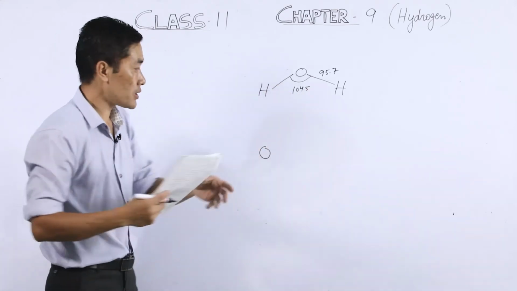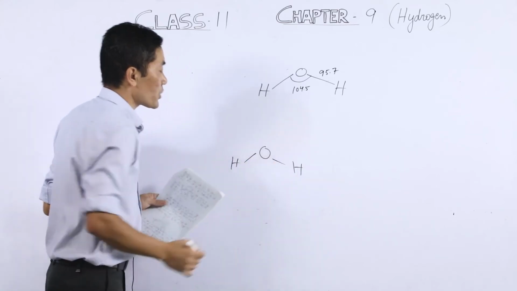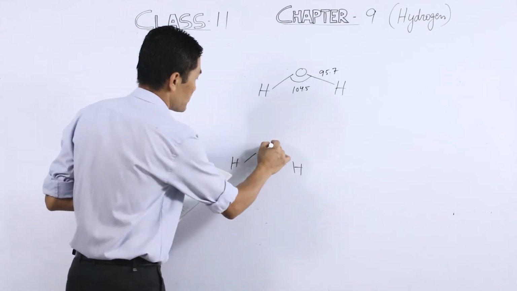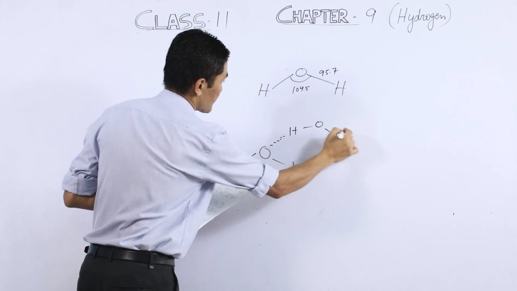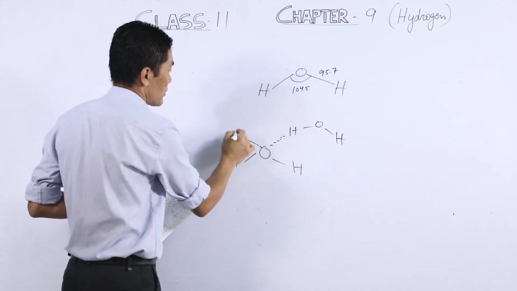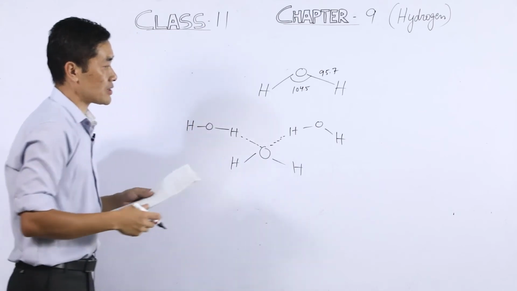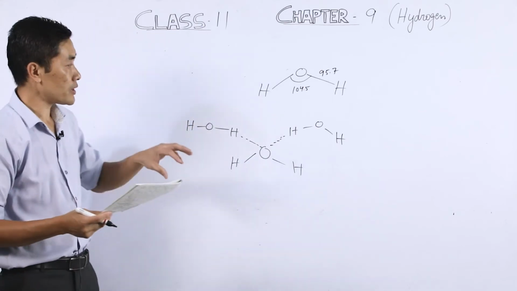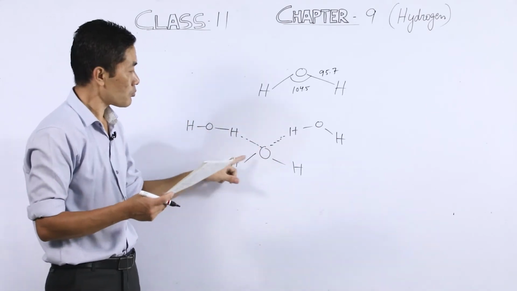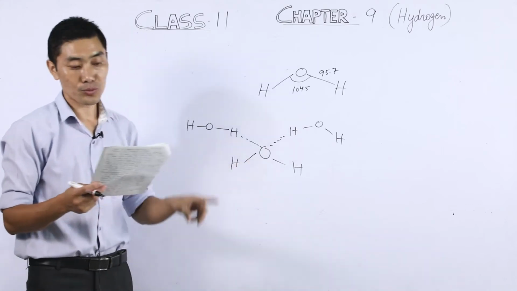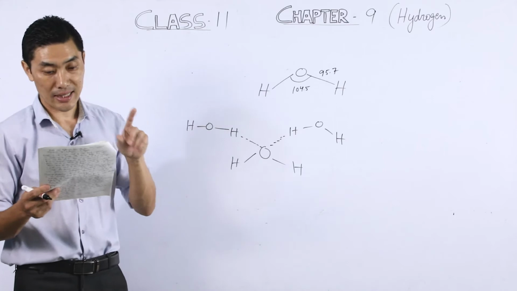But in the liquid state, these H2O molecules are bound together by hydrogen bonds like this. So if we just see the structure of water in the liquid state, each oxygen atom can form two hydrogen bonds, utilizing both the lone pairs in it.